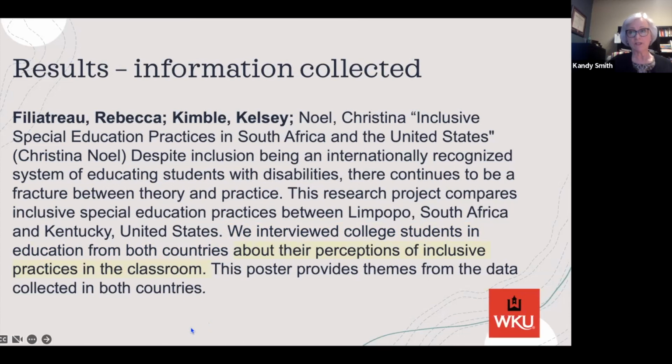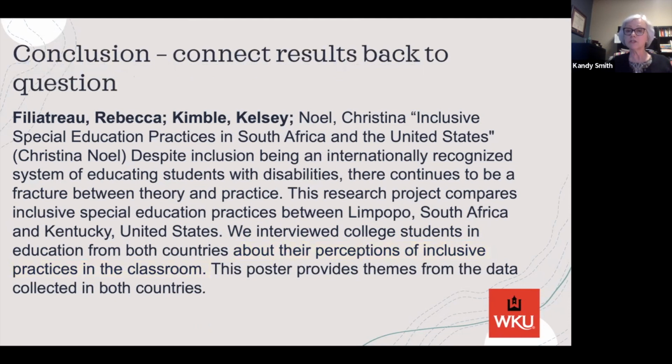Well, actually, this one leaned into the other one, but they collected information concerning the perceptions of inclusive practices in the classrooms in both South Africa and Kentucky. So that's what they were looking for. That's the information that they collected.